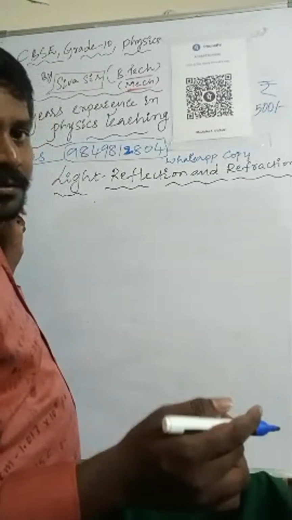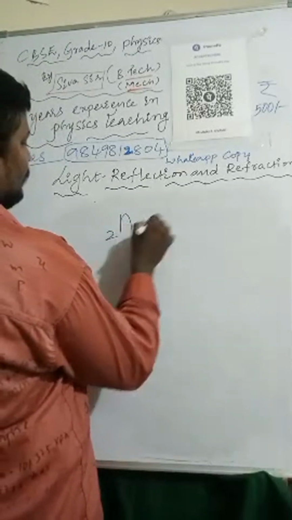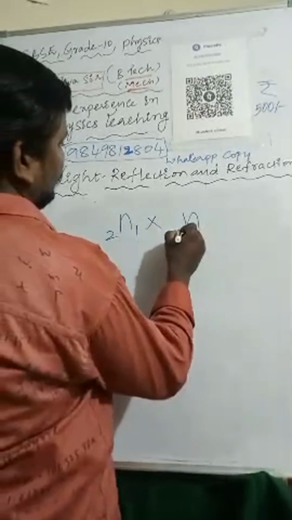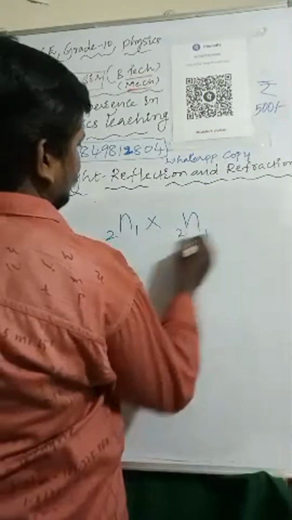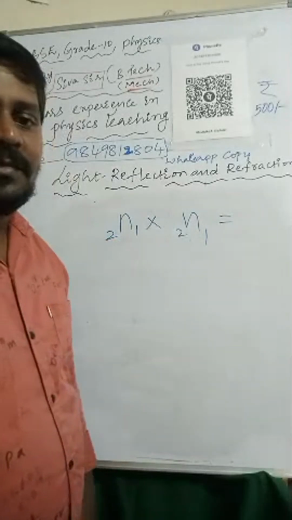Okay, very clear question. So n12 into n21. What is the answer to this question? Anyone?